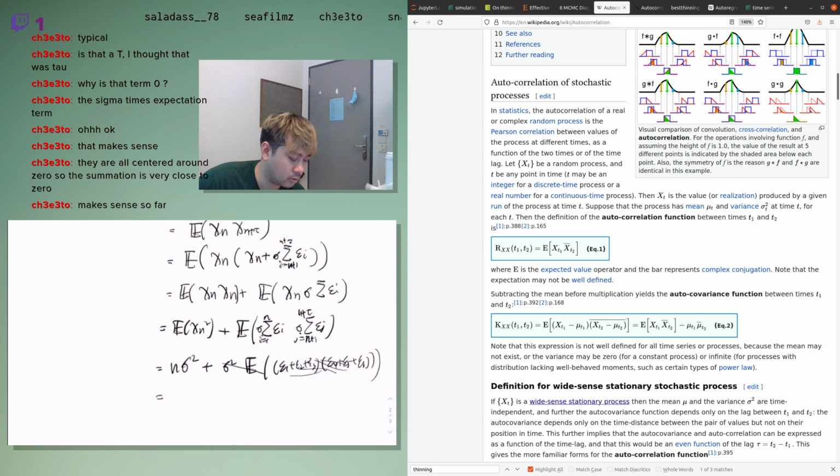The autocorrelation of a stochastic process.